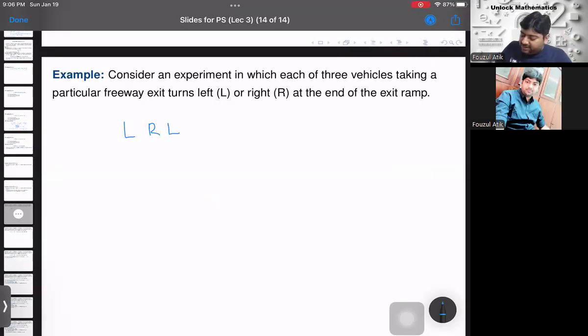Yes, again consider that you have 3 consecutive tasks. For the first vehicle, how many choices do you have? It can get 2 different choices, either left or right. The second one can also get 2 different choices, either left or right. The third one can also get either left or right. So altogether, by the basic principle of counting, you will have 2 into 2 into 2. There are 8 possible outcomes.